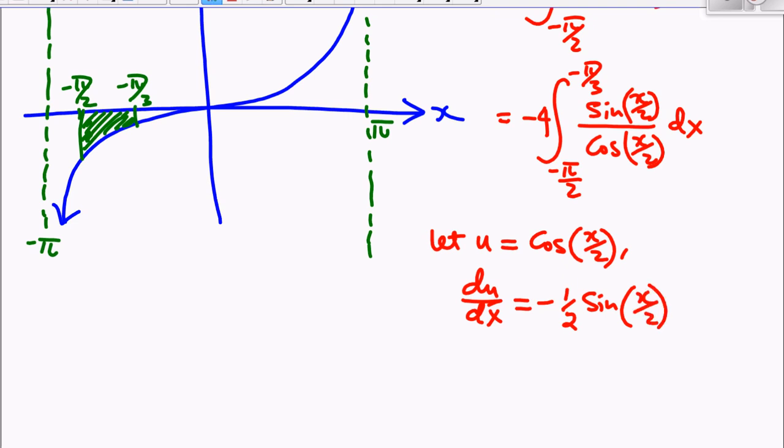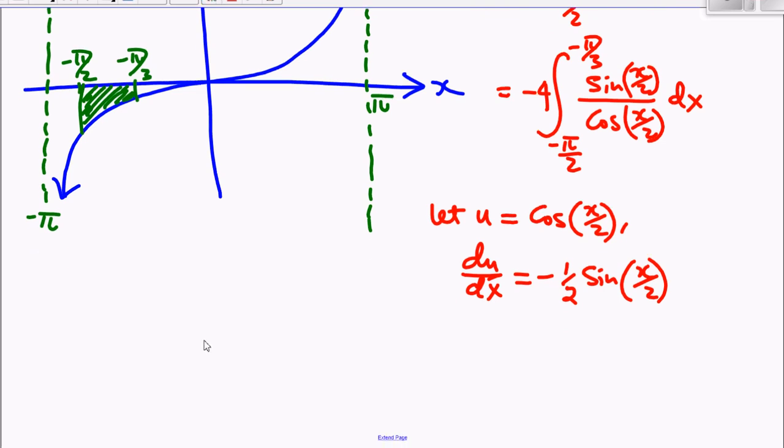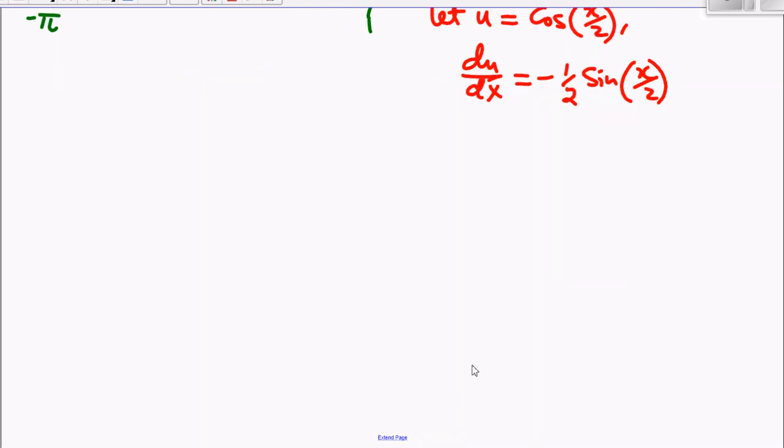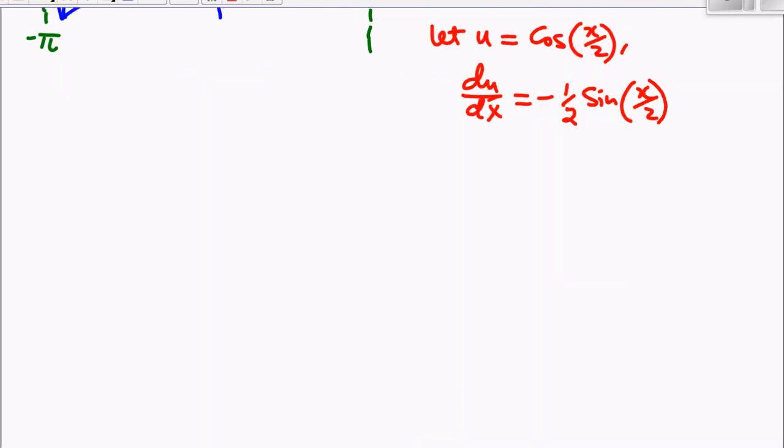Which means that dx will be equal to du over negative a half sine x over 2.